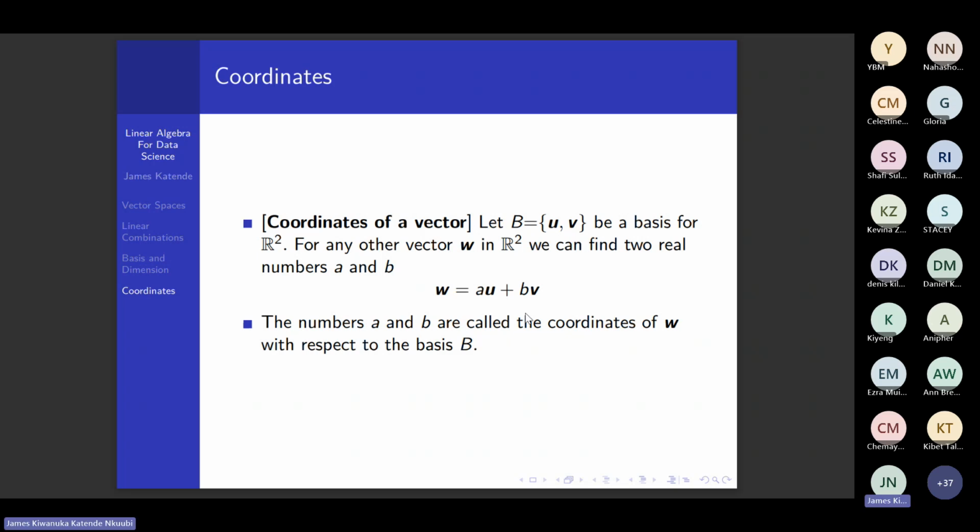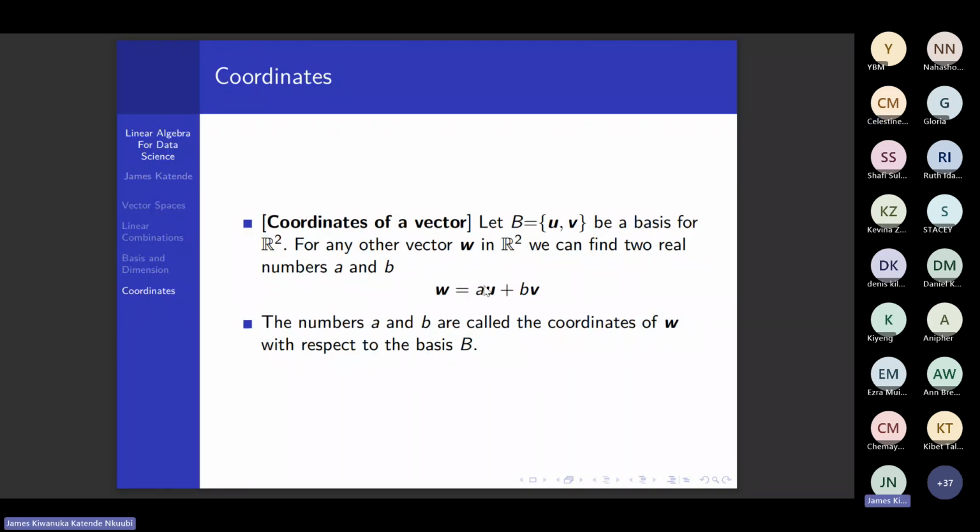The other thing I will mention is that it's important to call it an ordered basis. Order matters, because if you switch the order of these vectors, then the coordinates also change. Instead of A, B, now you'll have B, A. So the order of the basis vectors is important, and once you fix an order, you stick to that order.